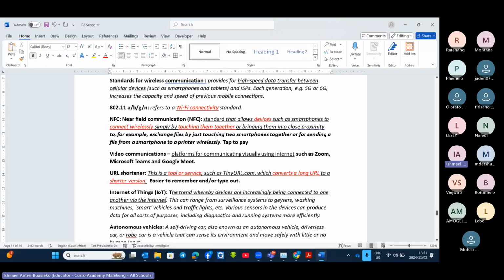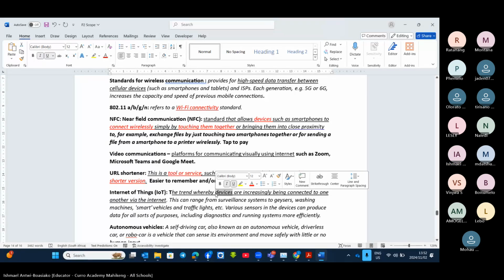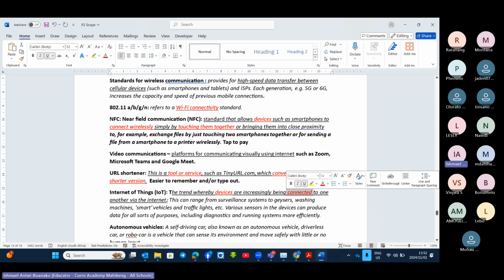Right, then IoT, Internet of Things, whereby devices are connected to each other through internet. So the shorter definition is devices connected to one another through internet.